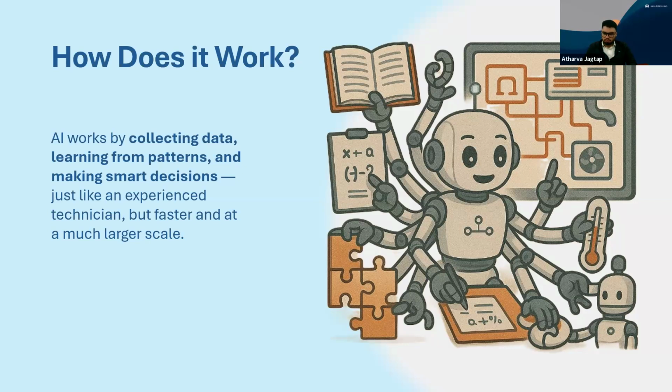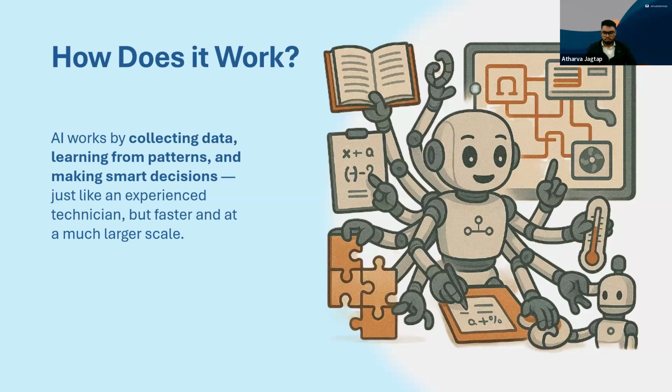Now imagine we take everything that technician has seen over the years, every temperature drift, every coil fouling case, every BMS trend, and turn that into software that collects all the sensor data continuously, learns from behavior across times and systems, and makes real-time decisions to help us save energy, prevent faults, and balance loads. So that's what AI does.